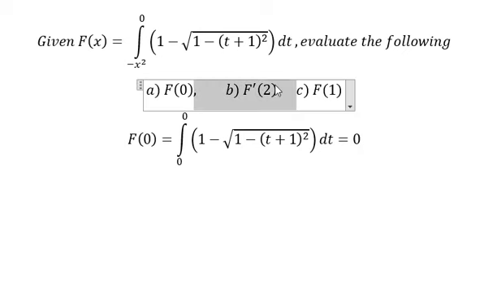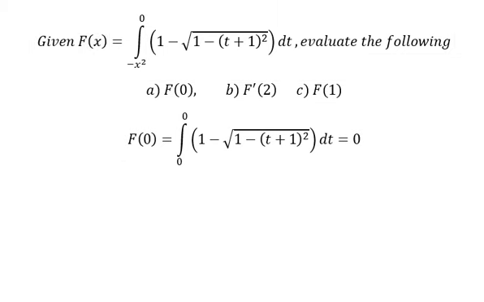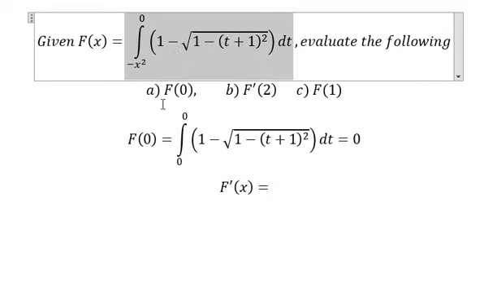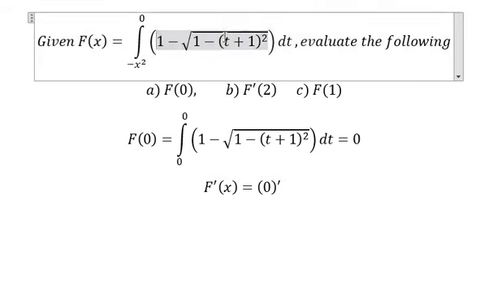Question number 2. If we want to find the first derivative of the function F of s equals 2, we need to find the first derivative of this function. So if we do the first derivative of this integration, we need to find the first derivative of number 0, then use this value to replace t inside this integration.